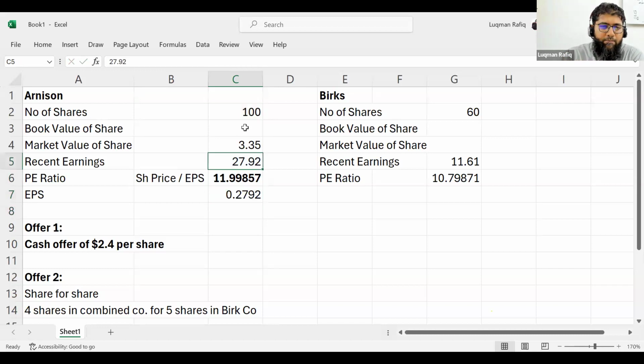Right? Okay. Now, the P/E ratio is going to be what? The share price divided by EPS, you get the P/E ratio. Share price is this, divided by EPS, you get the P/E ratio. How did we get the number of shares?